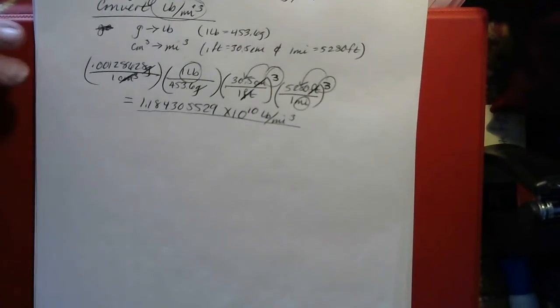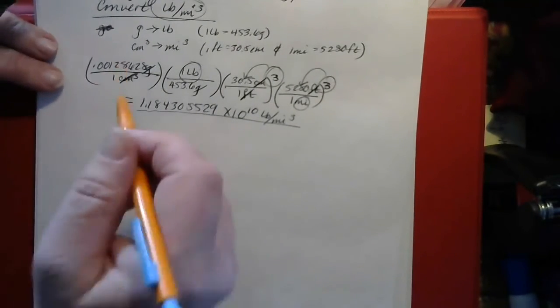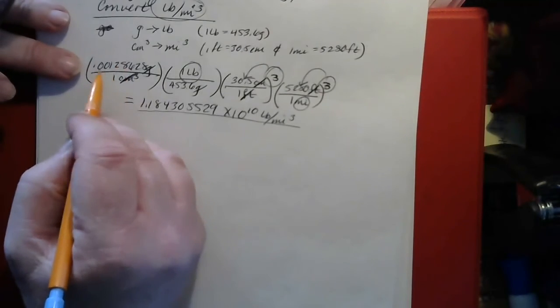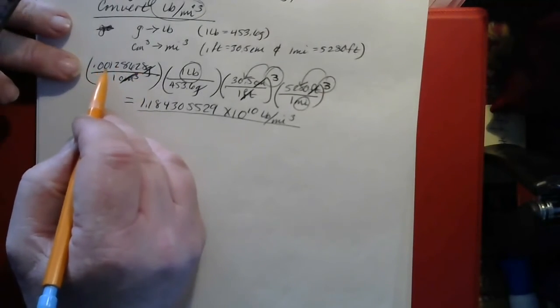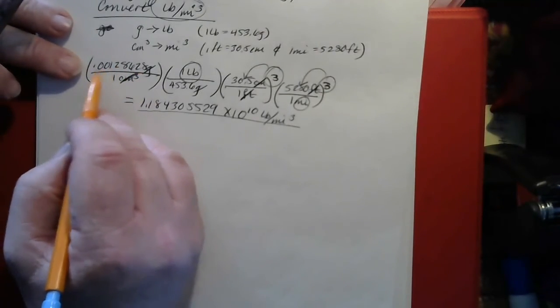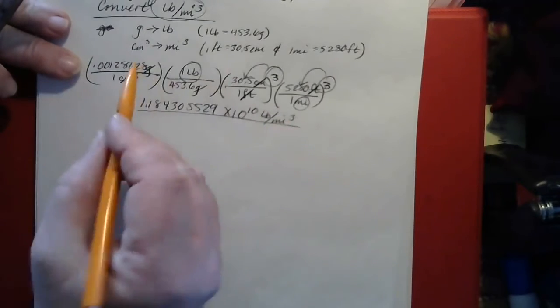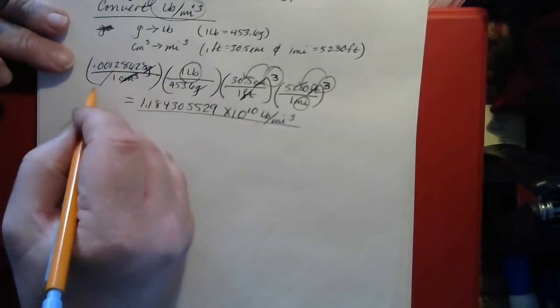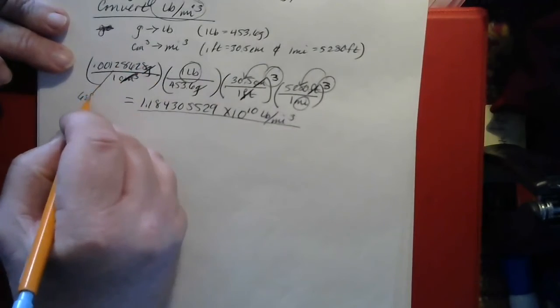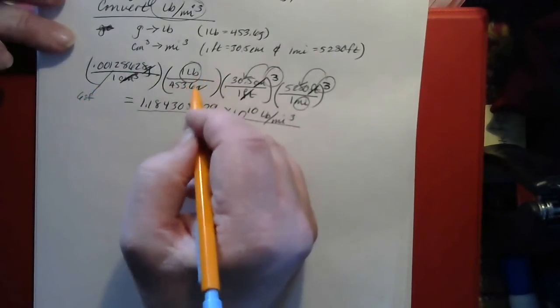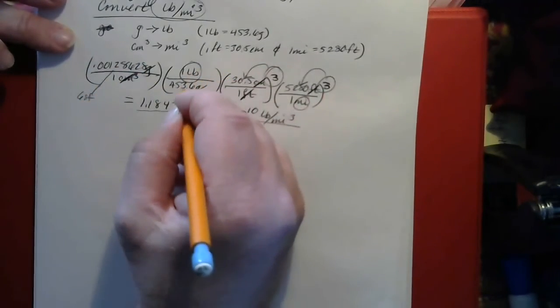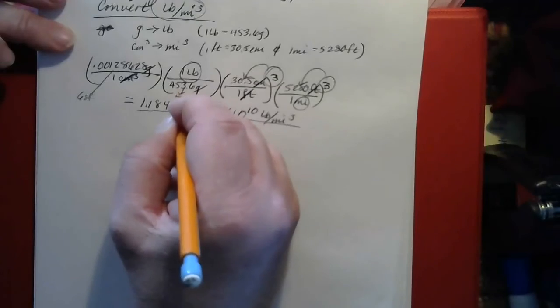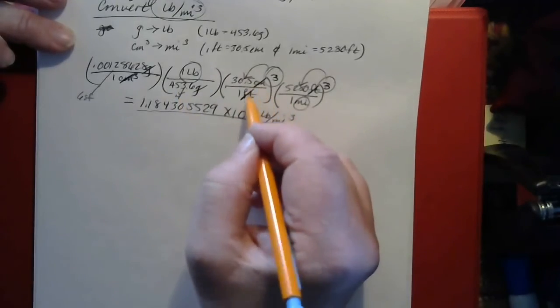Before we look at anything else, let's consider significant figures. In the original number we had, the first two zeros don't count because they're zeros at the beginning of a number. They don't count for significant figures. But 128628, that's 6 significant figures. Pounds to grams is between English and metric, so that is a rounded off number. That's 4 significant figures.